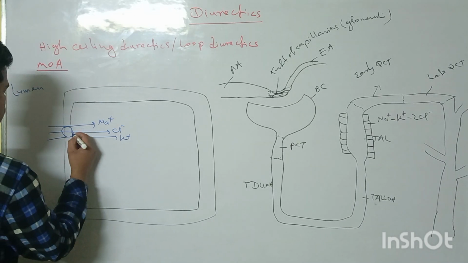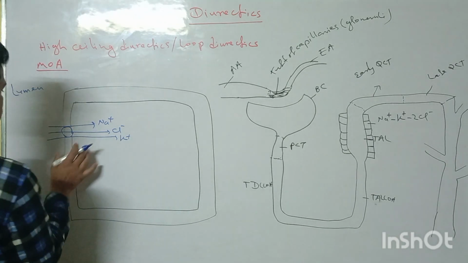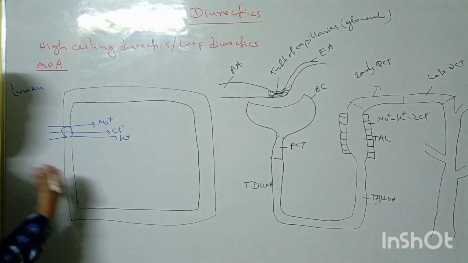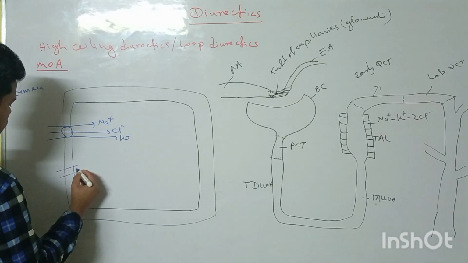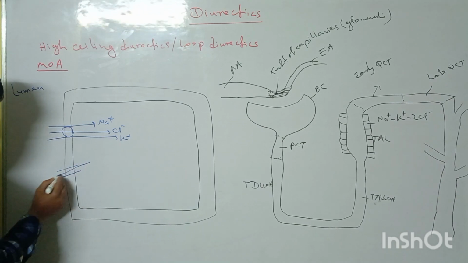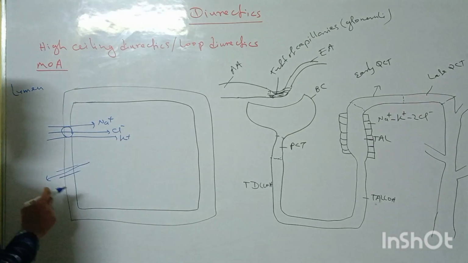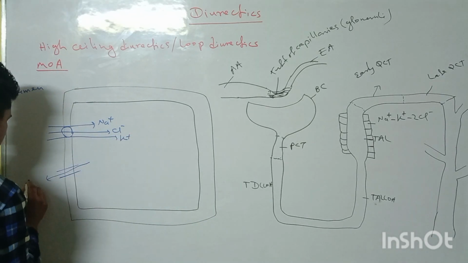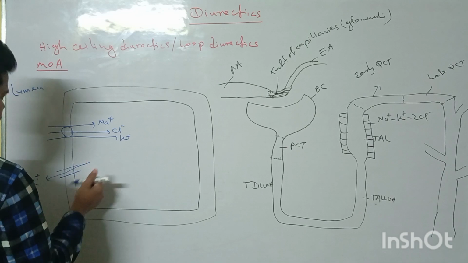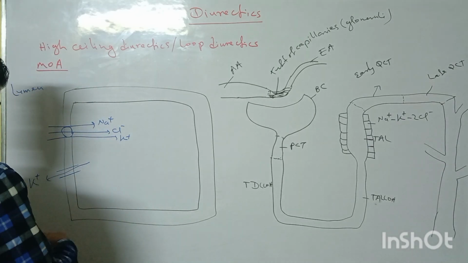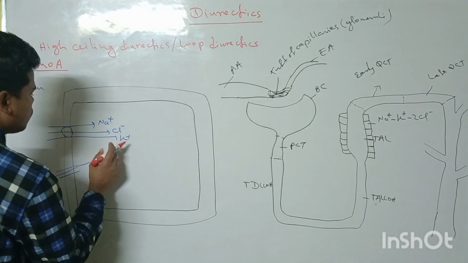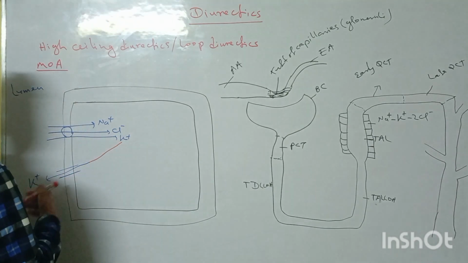Normally, but this potential difference between them is created by something known as the potassium leaky channel. Here will be your potassium leaky channel, and this will draw some of the potassium outside this lining cell and into the lumen.